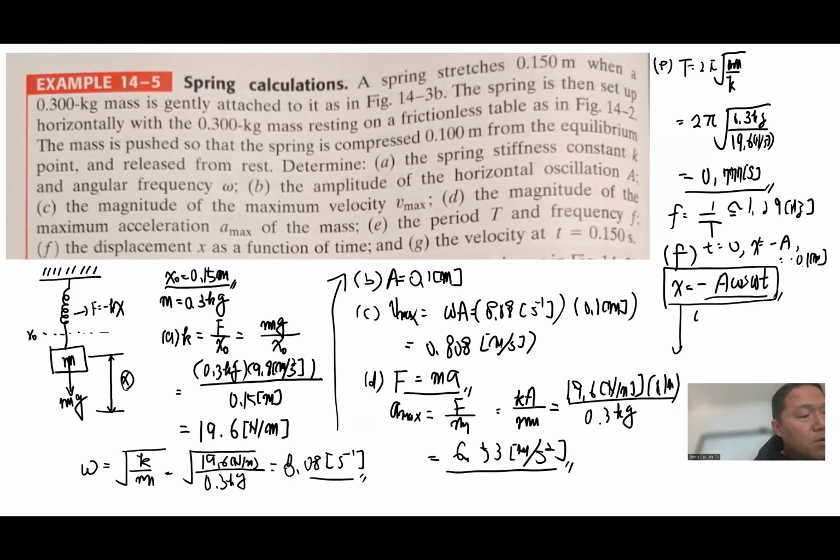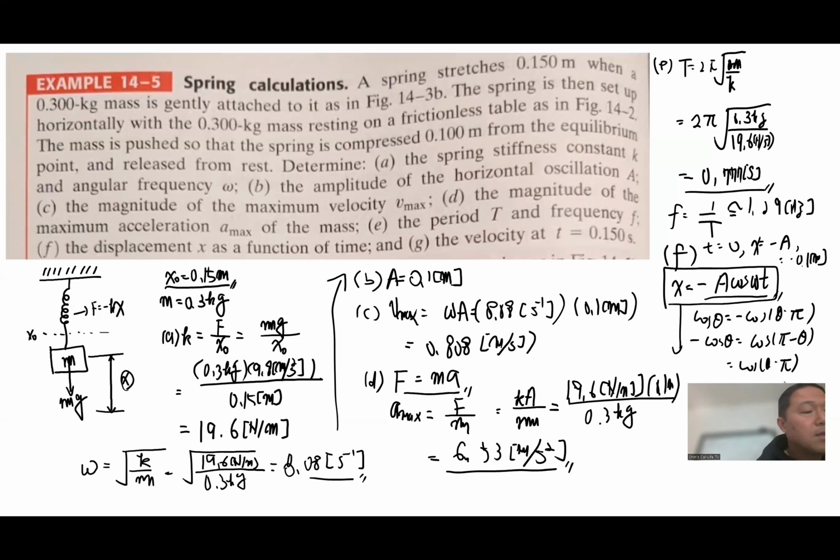Minus cosine theta is the same as cosine of theta minus pi.